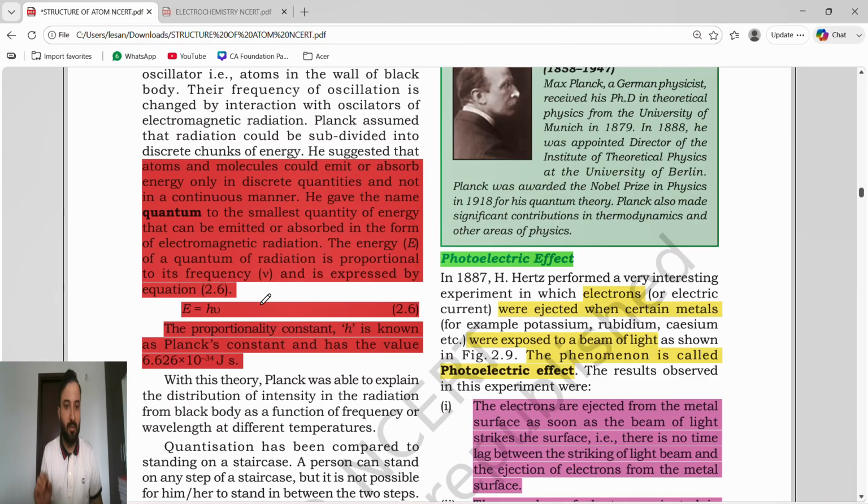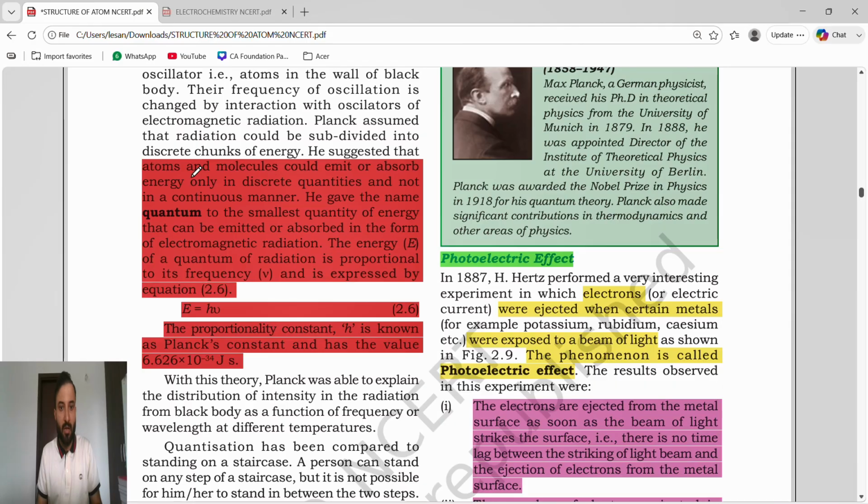So again, atoms and molecules could emit or absorb energy, but they will only do so in a non-continuous form, not in a continuous form.